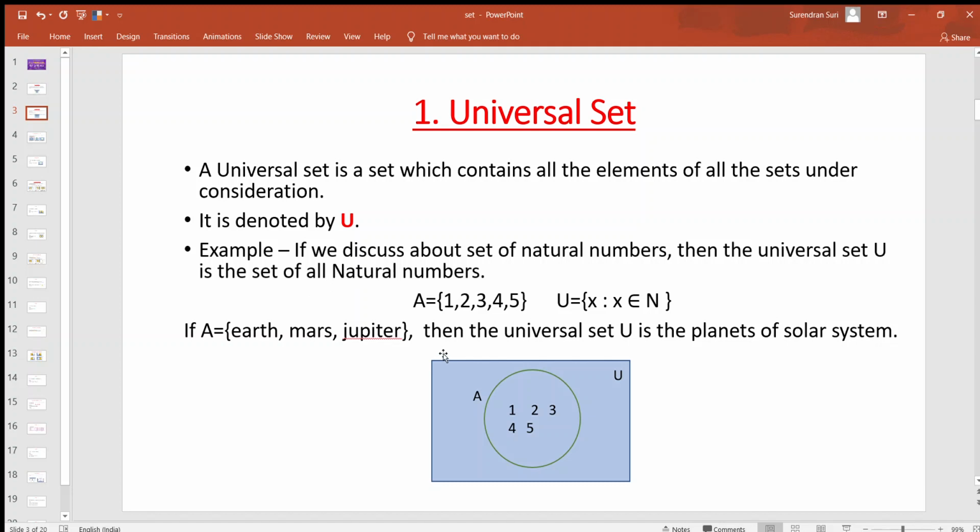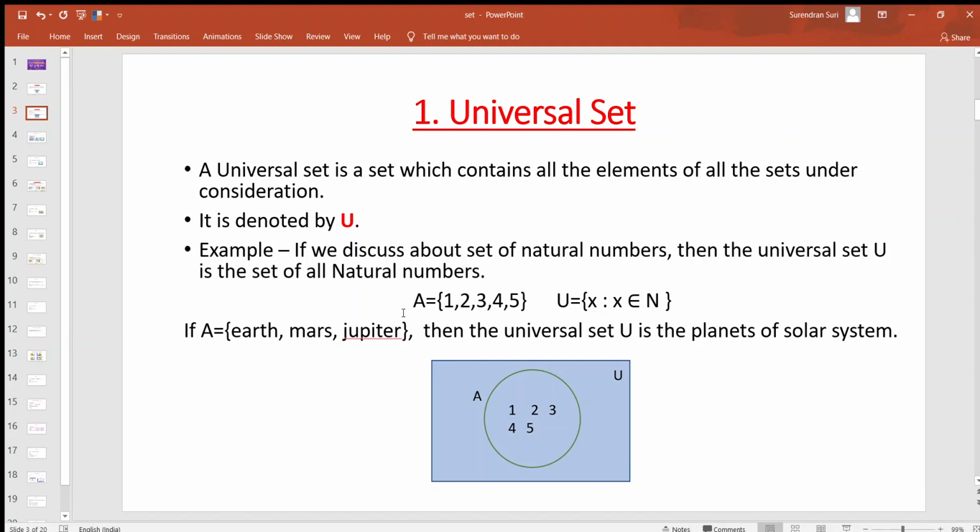Here in this example, set A has natural numbers from 1 to 5. So the universal set for A is the set of all natural numbers. U is equal to x such that x is an element of natural numbers. This is the universal set of A.